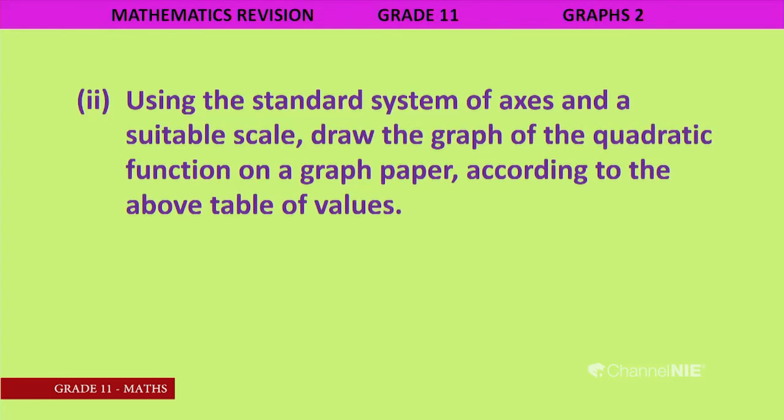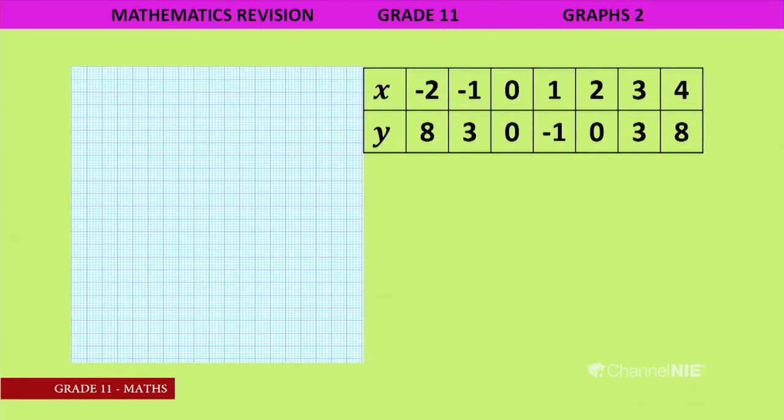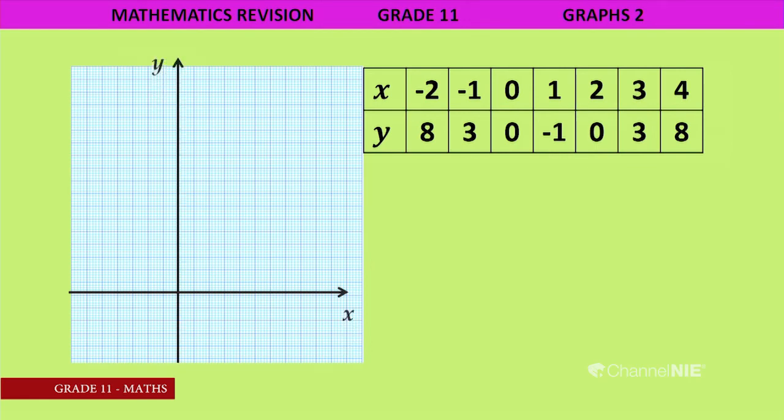Using the standard system of axis and a suitable scale, draw the graph of the quadratic function on the graph paper according to the above table of values. This is the table of values. On your graph paper, name the axes x and y, then mark the points.